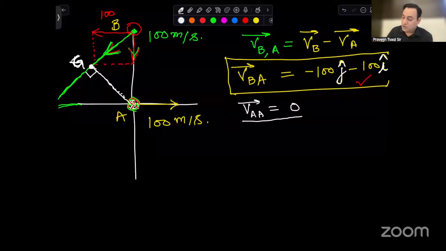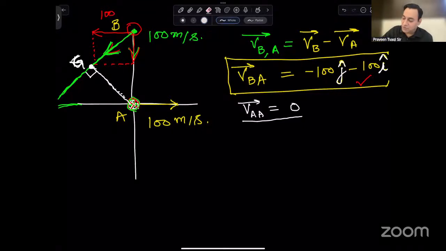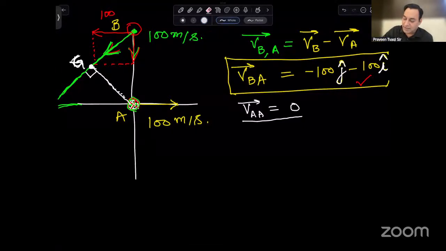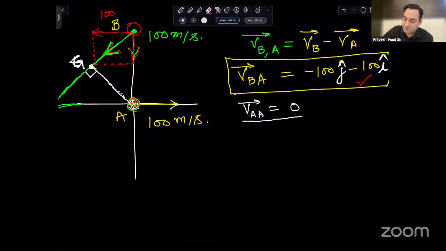Now, I'm not solving for the perpendicular distance right now. Otherwise, those who are understanding it can get it, they just have to find this angle. They know this is 100, this is 100, so this will also be 100, and this angle will be 45 degrees.